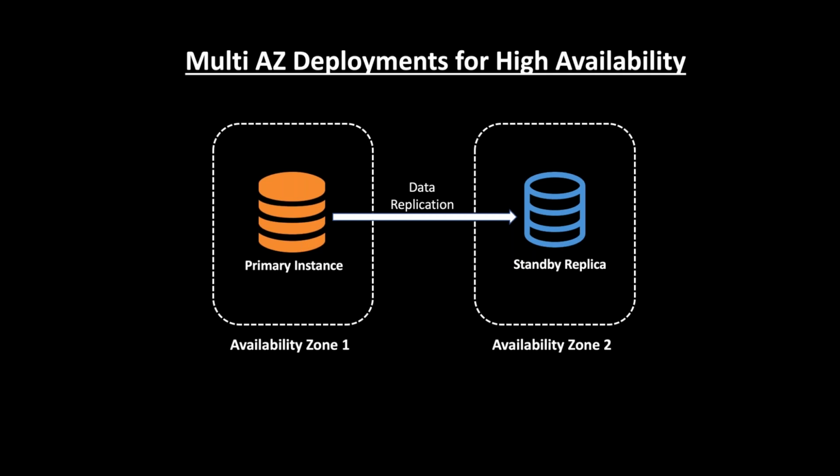In this diagram we see that the primary instance is in one AZ, and you have the replica in a different availability zone. So in case the primary goes down, the replica can immediately become the primary, and it can ensure that your application has high availability.